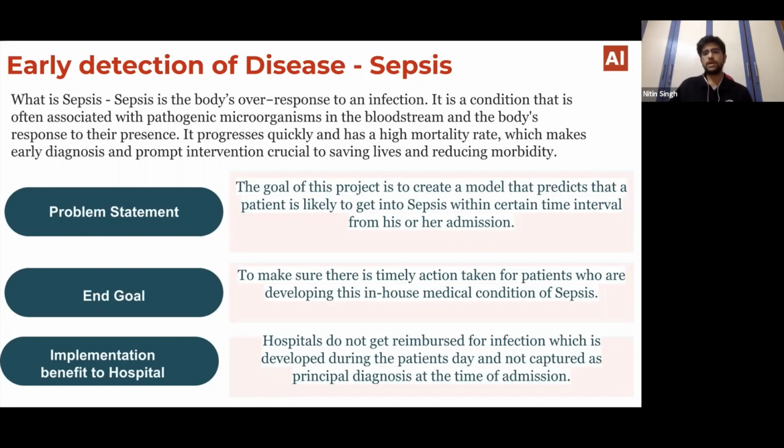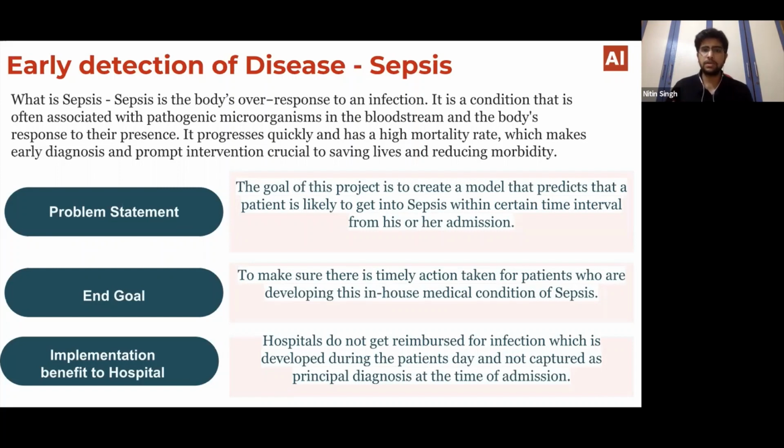Suppose you are getting admitted to the hospital for a hand injury. The reimbursement at the final documentation and the final payment that you would be getting from the insurance company is basically only for the hand injury. And if during your stay sepsis develops, in that case the hospital loses its reputation.